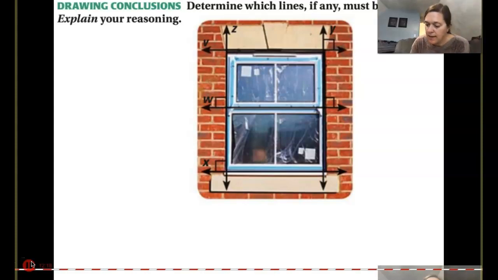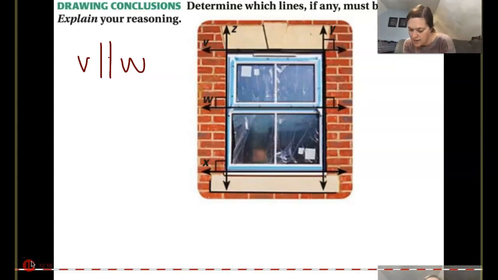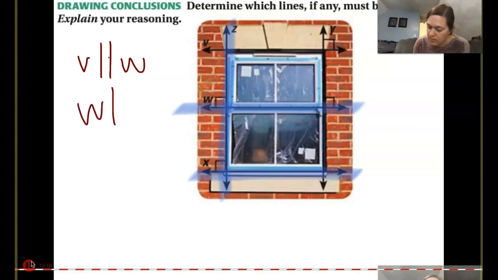Hopefully you said that V and W are parallel to each other because they are both perpendicular to the transversal Y. And then hopefully you also said that lines W and X are going to be parallel to each other because they are both perpendicular to transversal Z. So W is parallel to X.